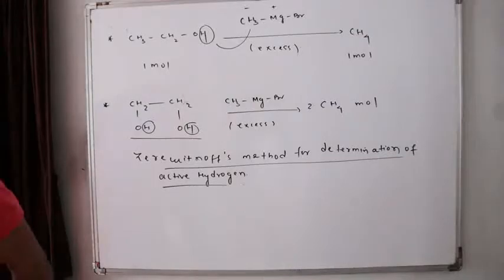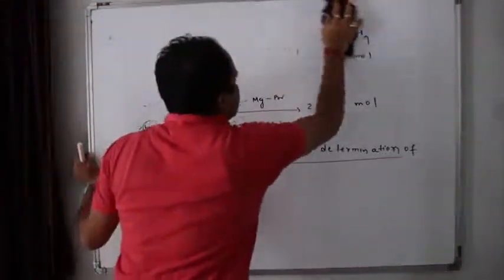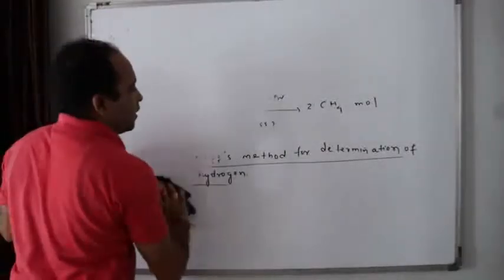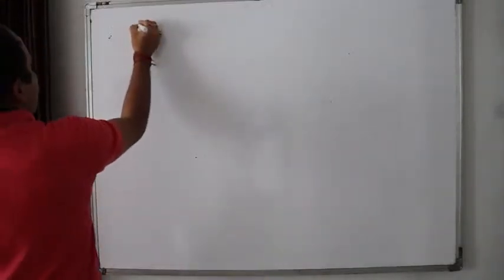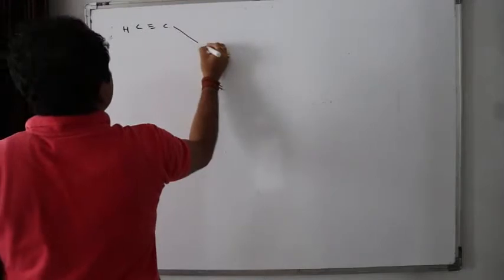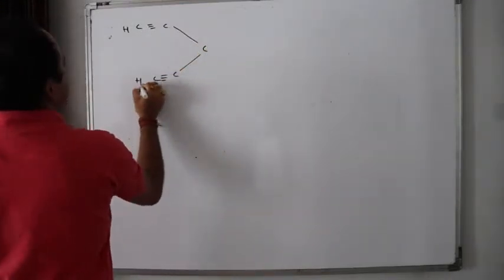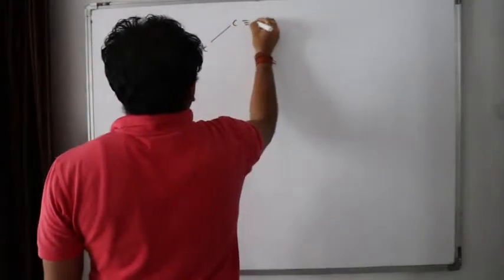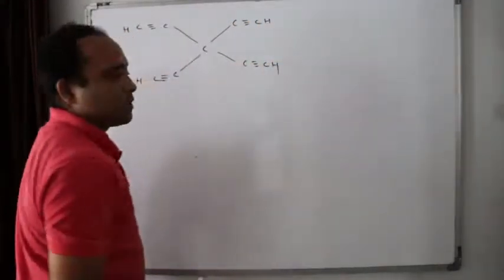What is the question? Let me rub the board. Let us go for the question. If you want to write it, just pause my video and write it. The question is very simple. If I write here like this, CH triple bond C, C triple bond CH, C triple bond CH, C triple bond CH. Okay.